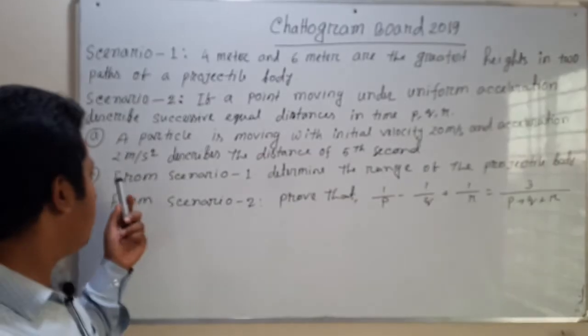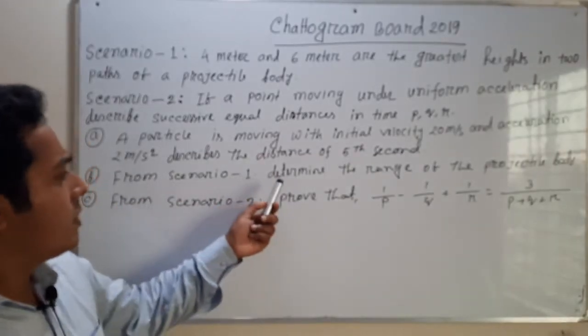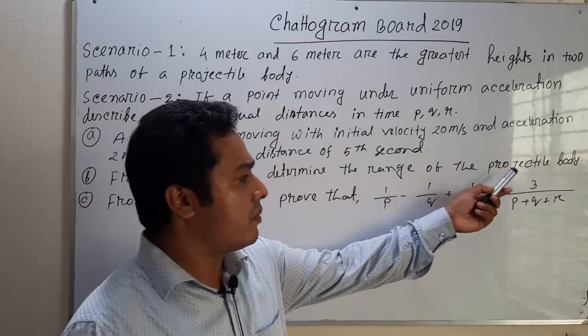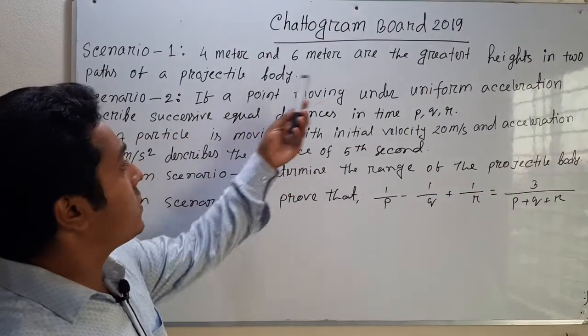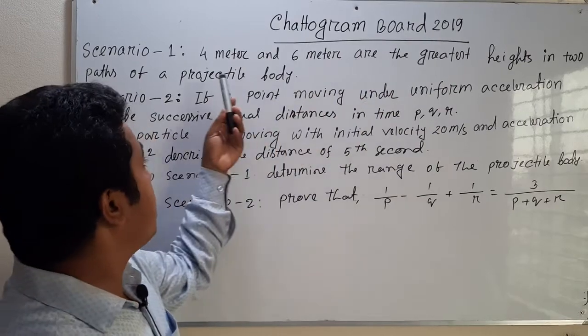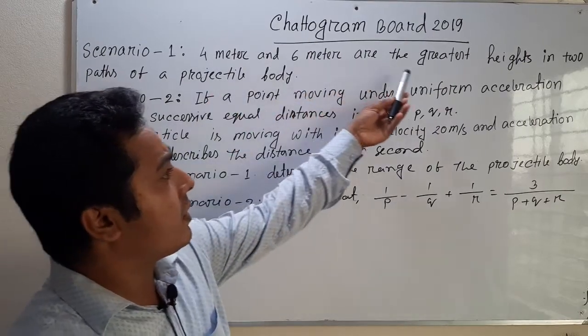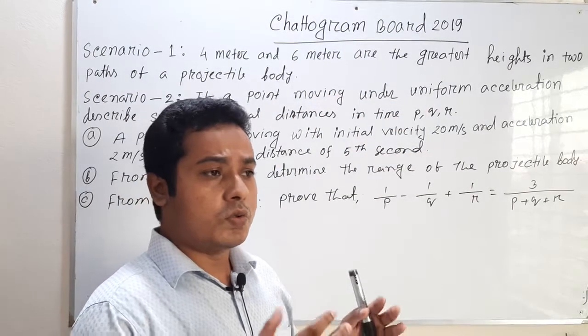And question B, from scenario 1, determine the range of the projectile body. Two greatest heights are given: 4 meter and 6 meter for the two paths of the projectile.